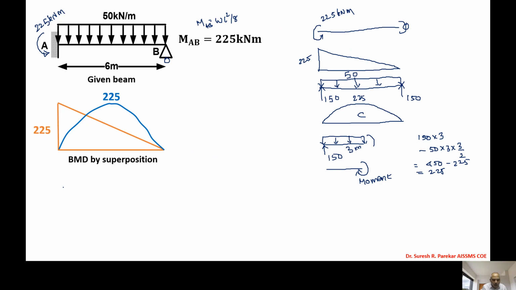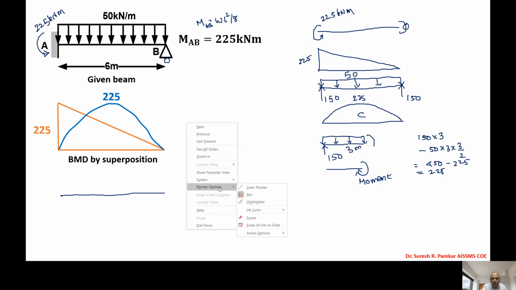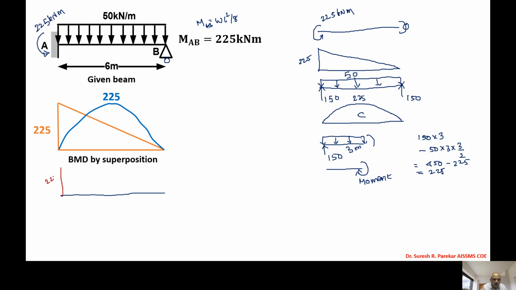Now if we plot on the tension side, then we will have this as 225. So 225 minus 0, because we have free BMD as 0, and this is 225. So I will plot it as 225.